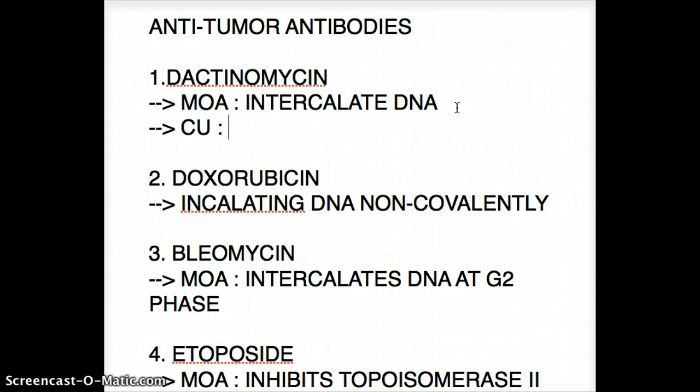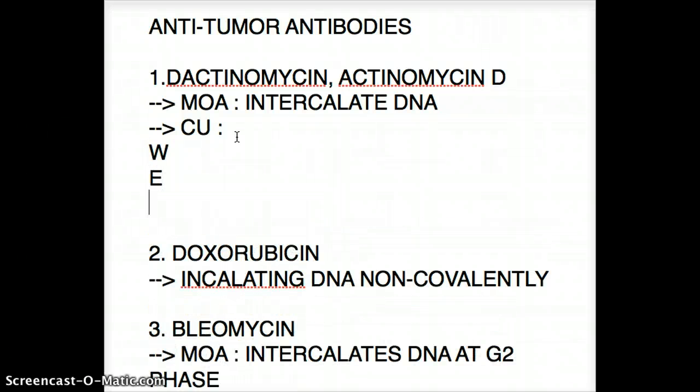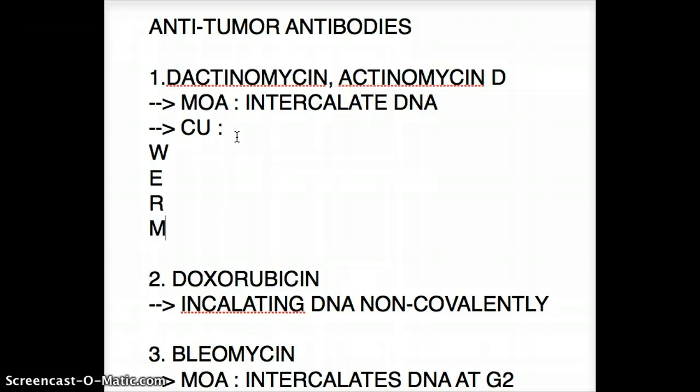Clinical use of actinomycin. Another name for it is actinomycin D. The way I learned the clinical use is I used a mnemonic. This is my mnemonic, WORM, W-E-R-M. W stands for Wilms tumor.